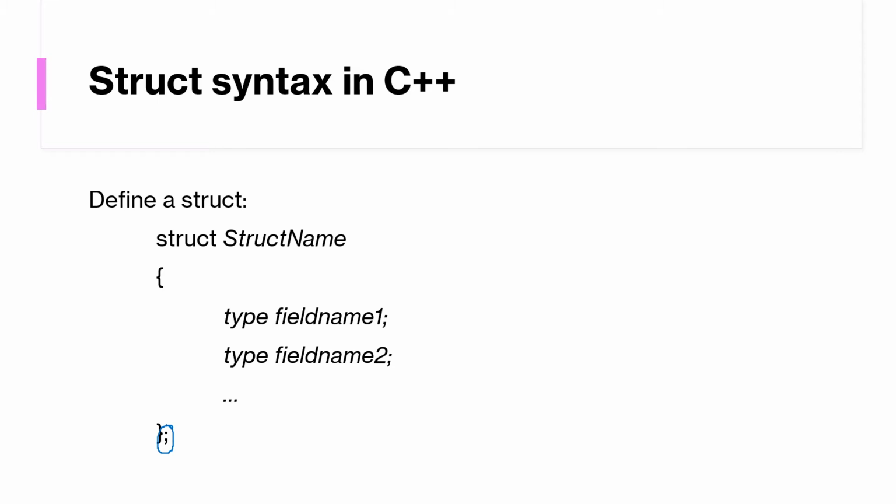This is different than function definitions or if statements or while loops. We have a semicolon here for reasons that have to do with how these things are implemented in C, where you define the struct name and then you can start listing variable names right afterward. And that list of variable names has to end with a semicolon.